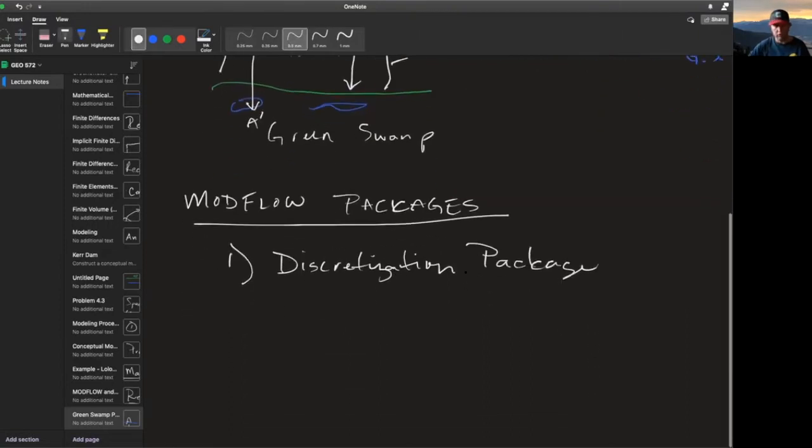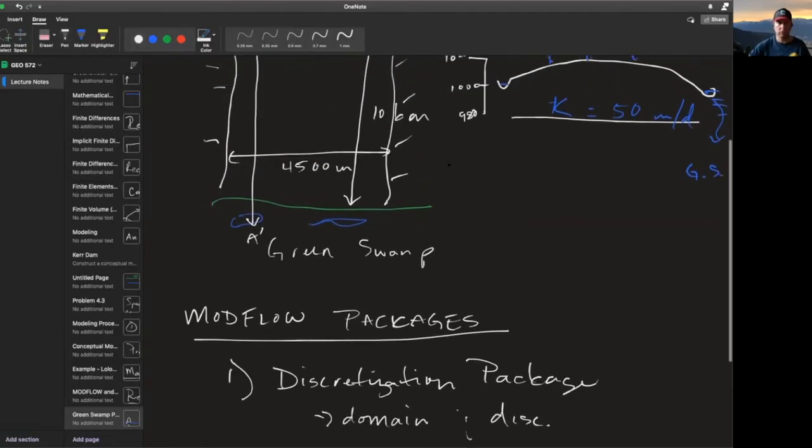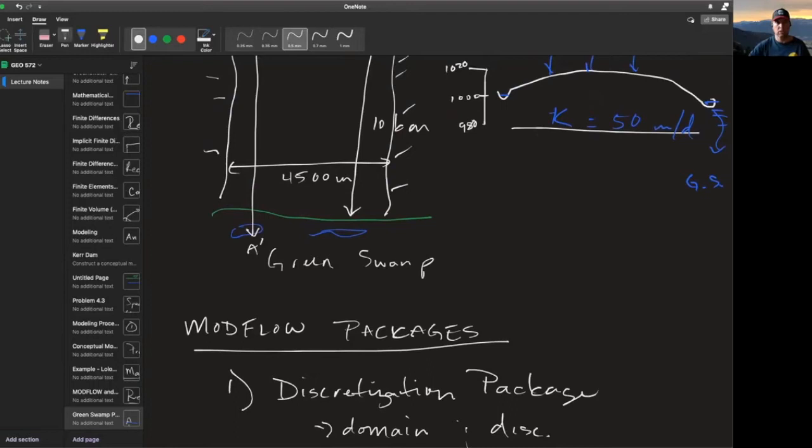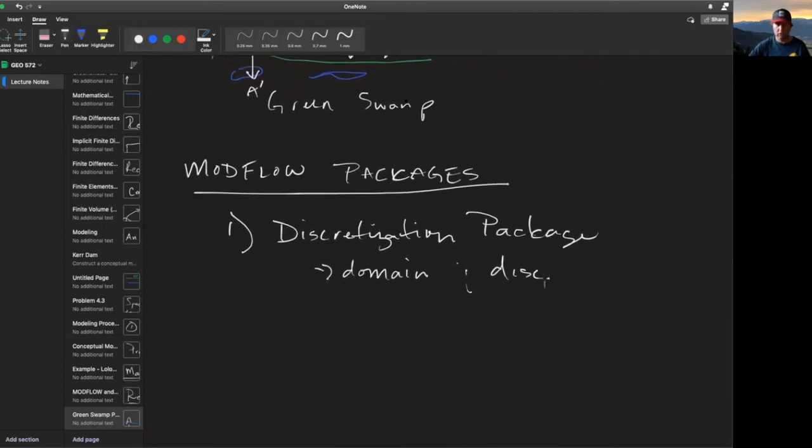This is the first package we're going to do. That's just taking our system, turning it into a series of aquifers and aquitards, telling it what size they are and how big the cells are.